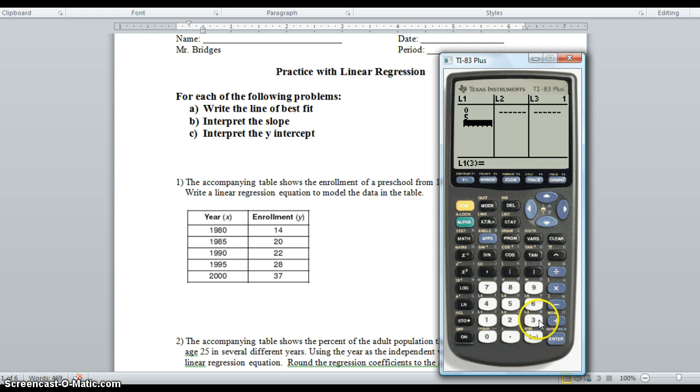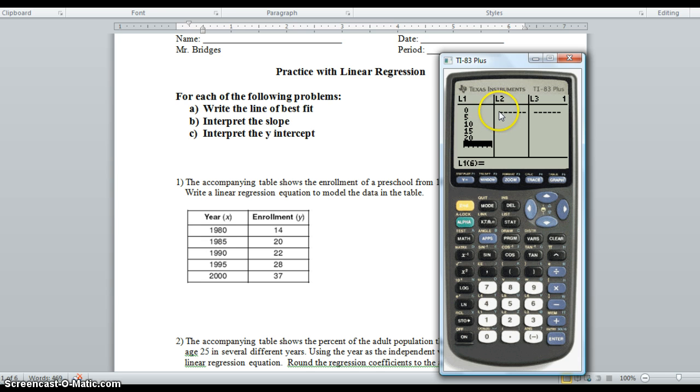For 1990, I put 10. For 1995, I put 15. For 2000, I put 20. Again, this is because from 1980 to 2000 is a time period of 20 years.